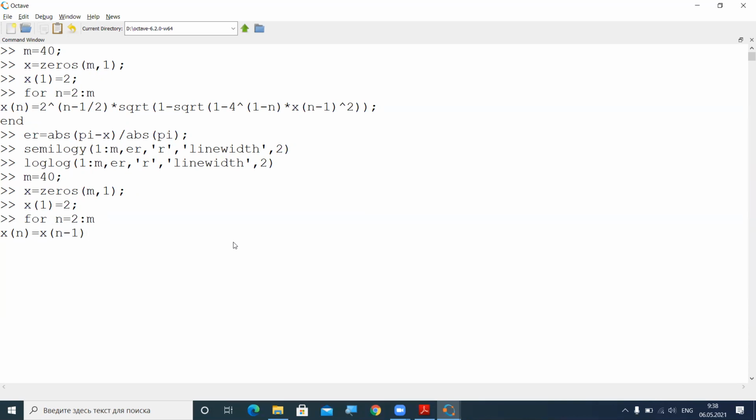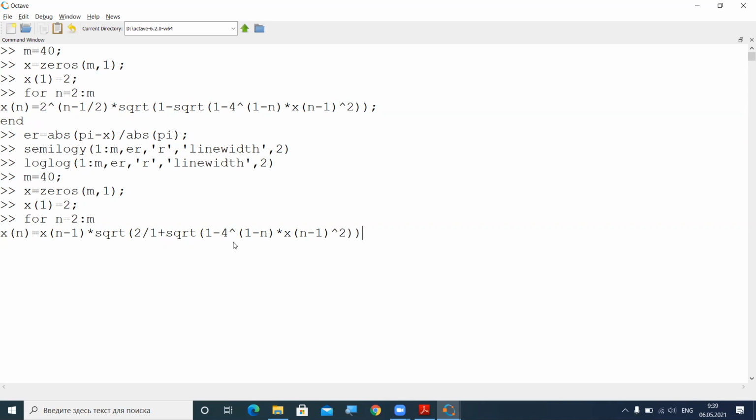We did this with previous groups also. So sqrt, now instead of 2 over, in the denominator will be 1 plus sqrt, in the middle the conjugation form, 1 minus 4 to the power of 1 minus n, times xn minus 1 squared it was.